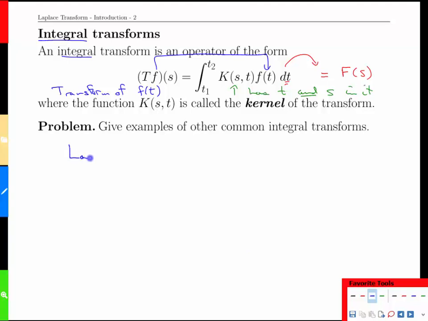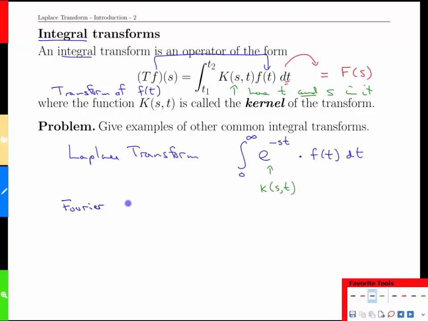But it's important to note some of the archetypal transforms of this type. The Laplace transform, obviously, is high on our list for this class, and it's the integral from 0 to infinity of e to the minus st times f of t dt. And so this would be our kernel, which has an s and a t in it. Perhaps even more popular is the Fourier transform.